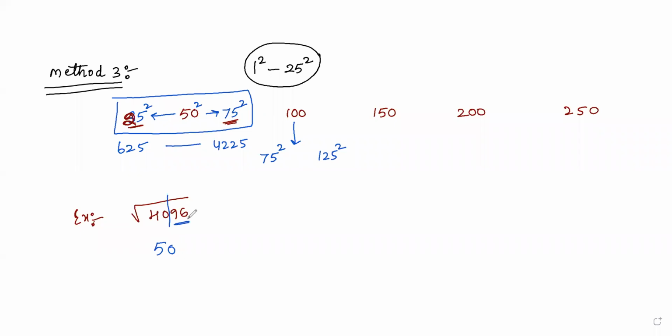Now tell me, what are the last two digits? 96. When the last two digits are 96, that is 14 square equal to 196. Then only the last two digits will come out. This 14 we have to add to or subtract from 50. Now see, what is the middle number? The middle number is 2500. The given number is more than that, so we add to this number, and then we get 64. Okay, let me take another one.